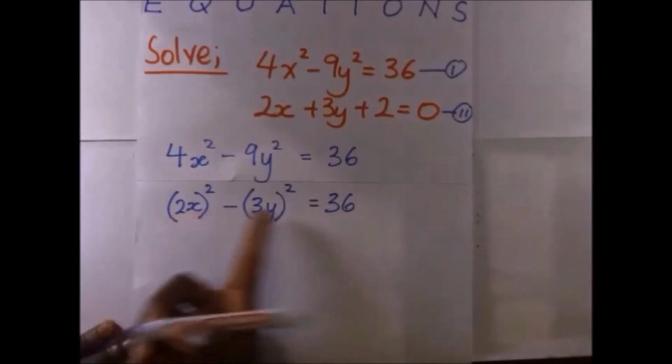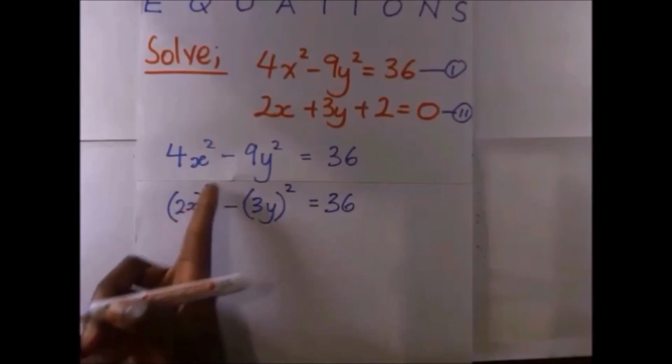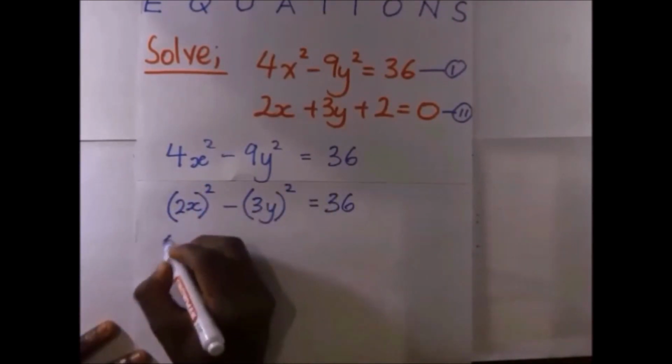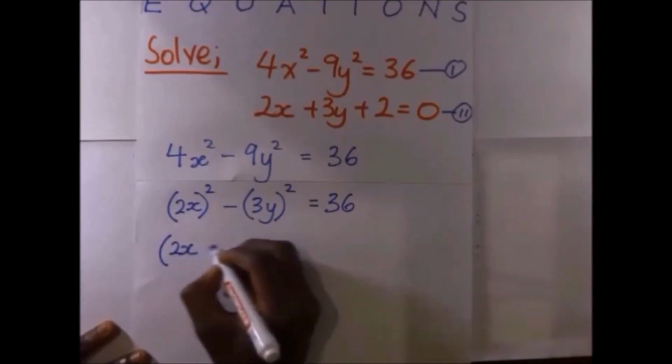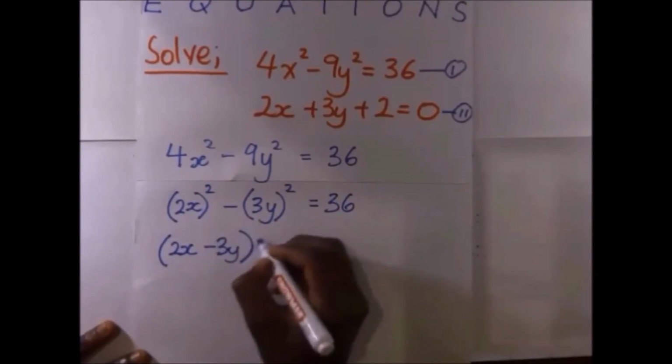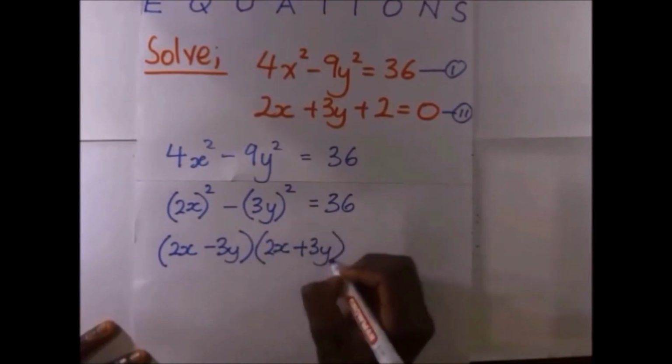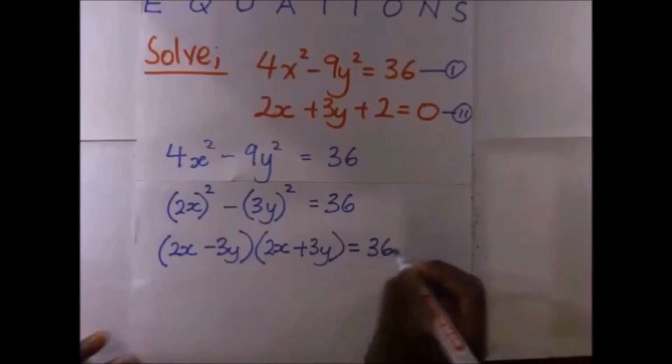If you look at this, this is a difference of two squares. This is like a squared minus b squared. So with difference of two squares, it's going to be (2x minus 3y)(2x plus 3y) is equal to 36.